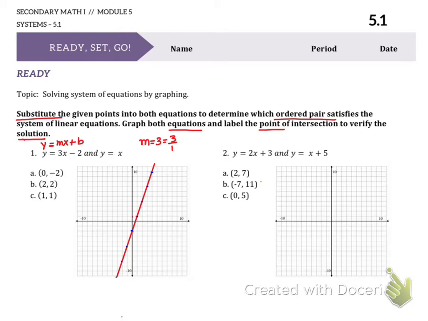Let's graph the other line, that's y equal to x. So y equal to x means m is 1. If slope is 1, that is 1 over 1, and nothing is written for b, it means the y-intercept is 0.